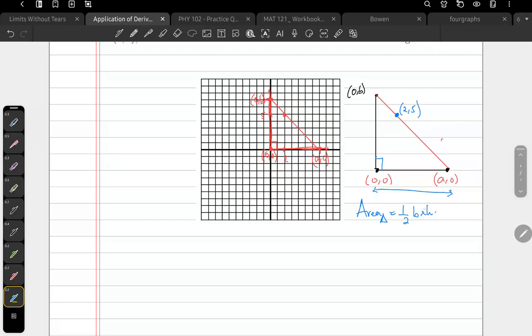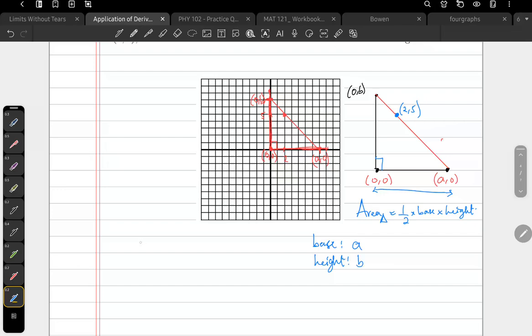So in this case, the base is the distance between 0, 0 and a, 0, which is just a. And the distance between 0, 0 and 0, b is the height, which is just b.